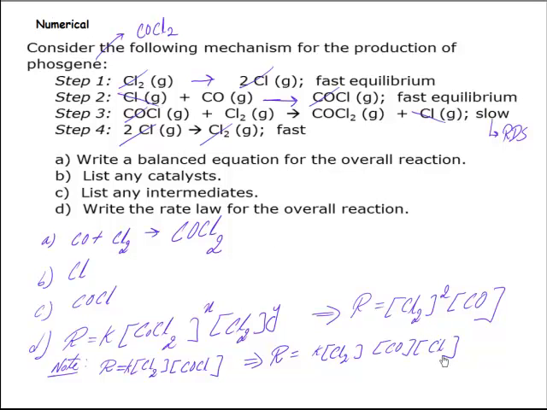And the concentration of this Cl is, from the previous step, dependent on the concentration of chlorine. So therefore we can write this as k times Cl2, CO and Cl2, which will become k times Cl2 raised to 2 into carbon monoxide concentration.